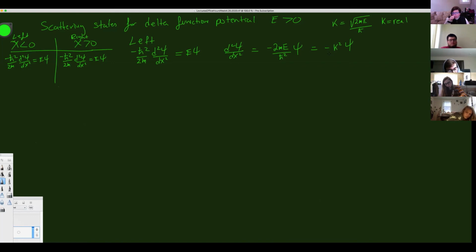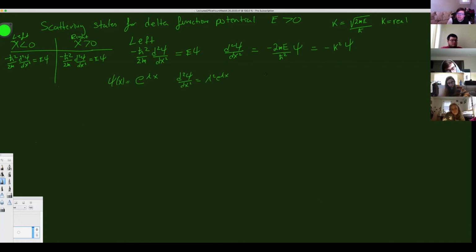Again, if you have what's called a homogeneous differential equation like this, where there's always psi or derivatives of psi, you start with an exponential. So again, we're going to say let psi of x equal e to the lambda x, and of course d squared psi dx squared is just going to be lambda squared e to the lambda x. So let's plug that in.